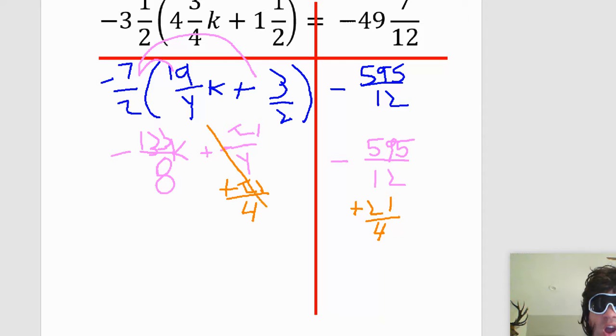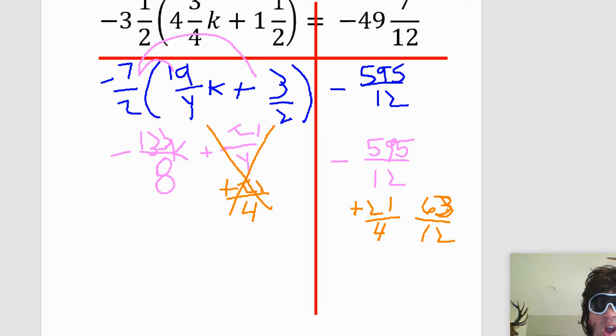This would equal 0. This, you're going to have to change them to have common denominators. So 12. So if I just change this, this would be times what? 3. So times the top by 3. So it'd be 63 twelfths.